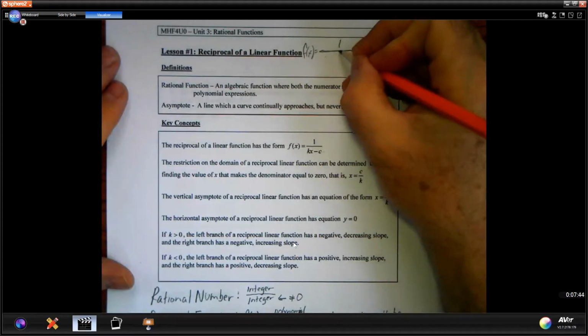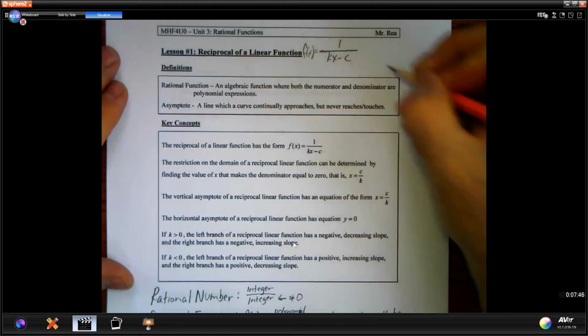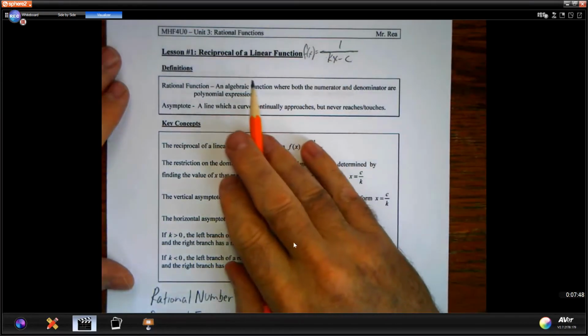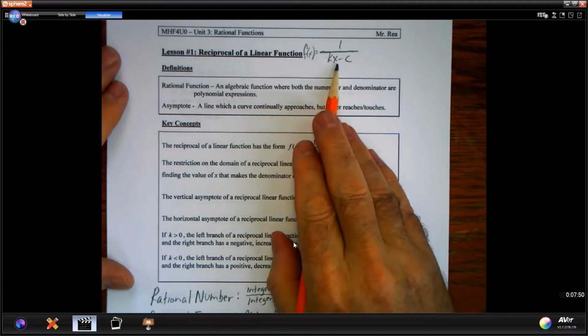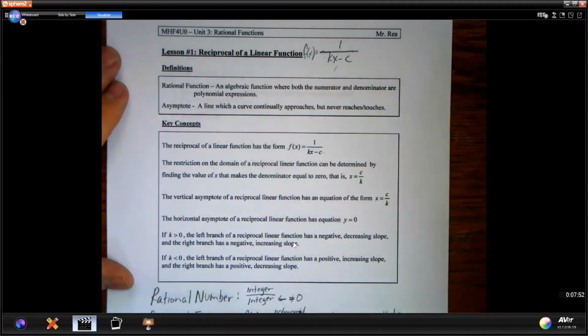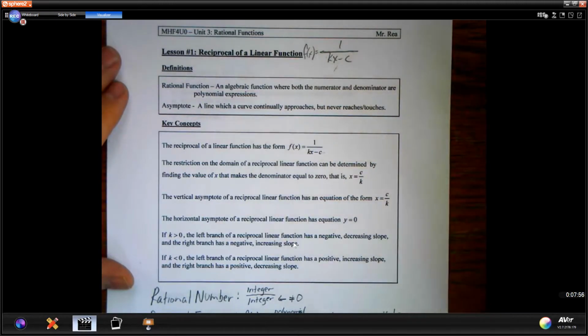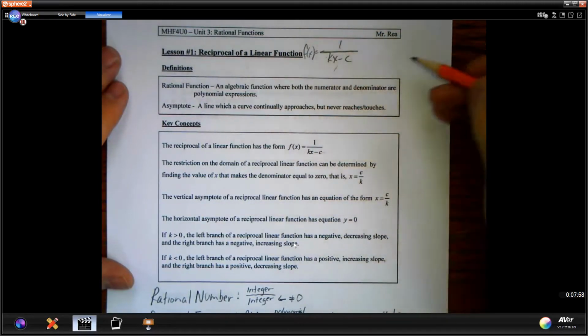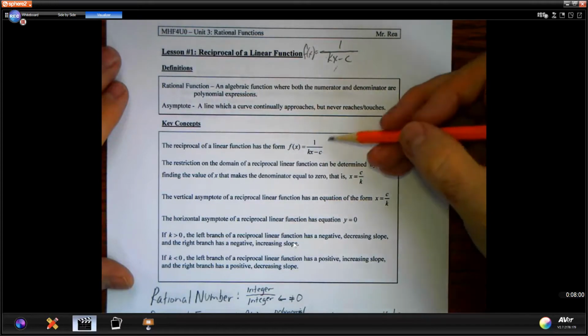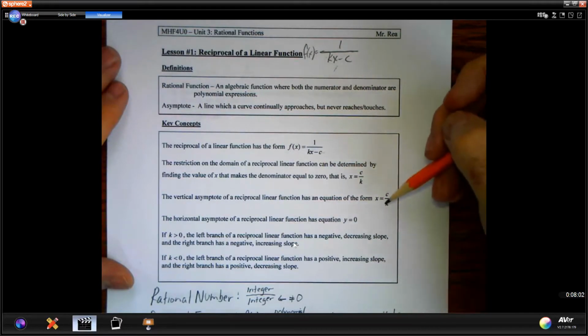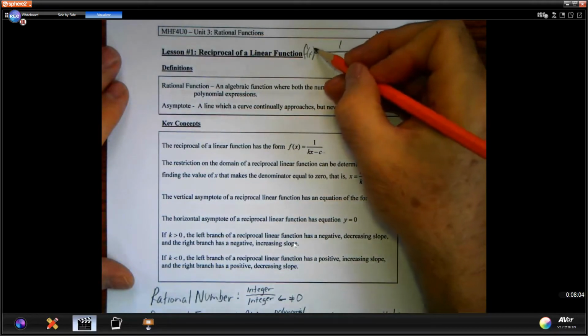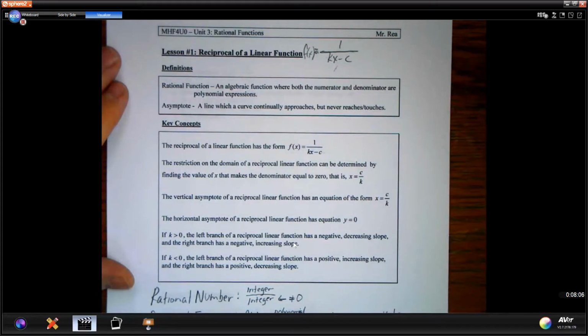So the official definition for this lesson for a reciprocal of a linear function is, well, there's the linear function, kx minus c. That could be a plus c as well, but for reasons we'll see down here, they used a minus c. I'm not a big fan of using this, but that's just for your reference if you want it.